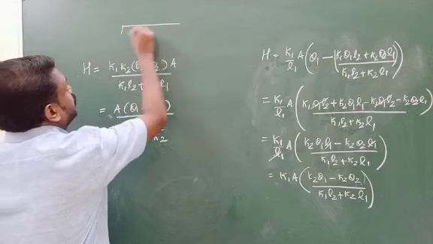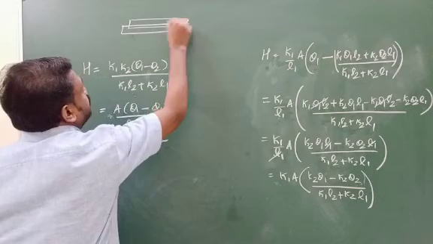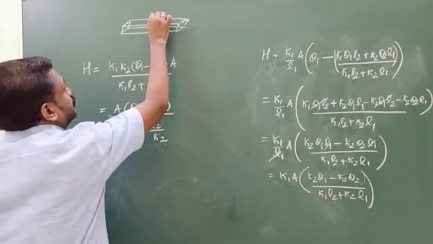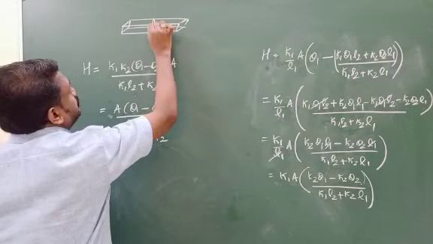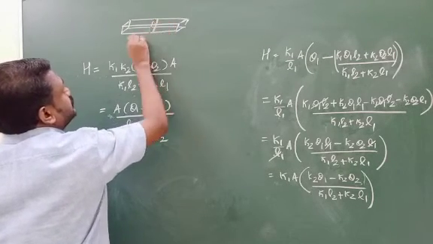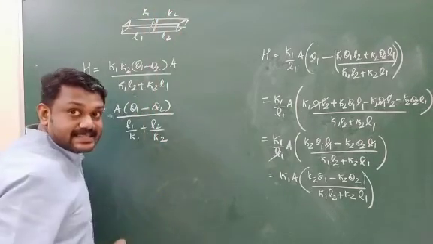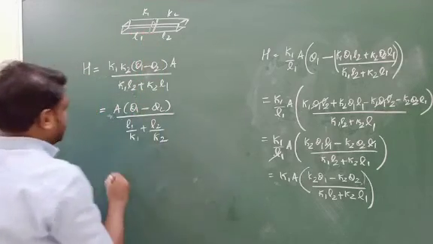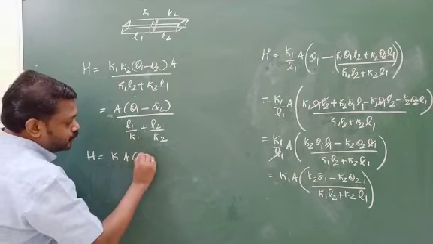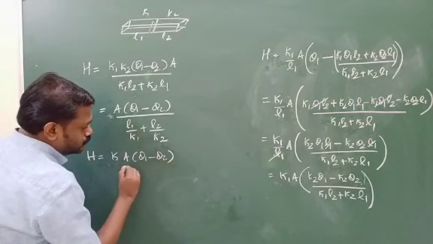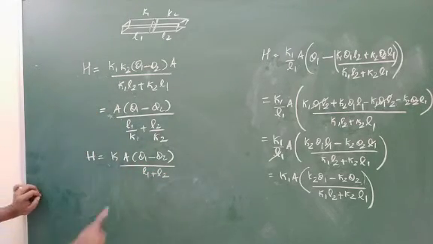We have the total conducting slab, and this slab is made up of two pieces. This one has L1, this has L2, with K1 and K2. When you consider this as a single slab, H is equal to K A (theta 1 minus theta 2) divided by L1 plus L2.